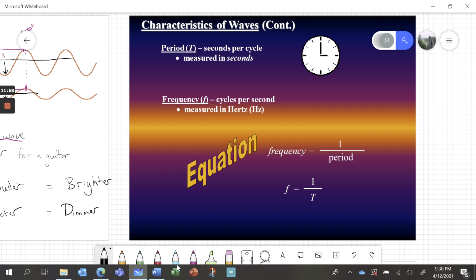Okay, so if we have this wave, it's traveling this direction, and we are trying to measure how long it takes for one wavelength to happen. So we're measuring how long does it take.